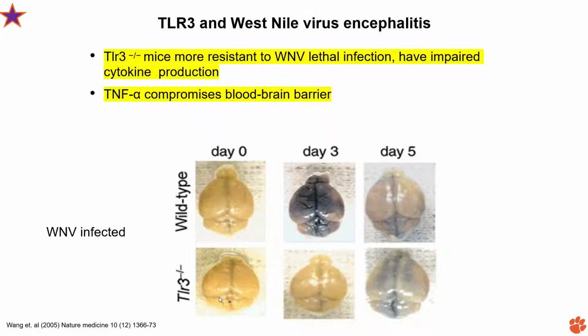All right. So here we have some questions, you will see these questions right here. Basically, if you have a double negative TLR3, which is a homozygous deletion mutant of TLR3, with impaired TNF alpha production, it is more resistant to the West Nile virus.